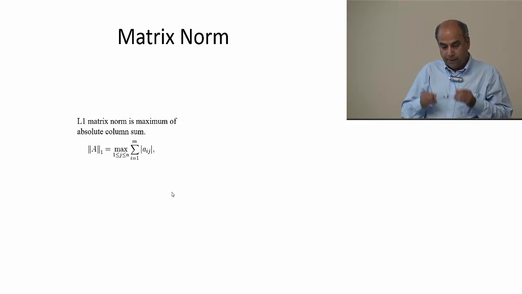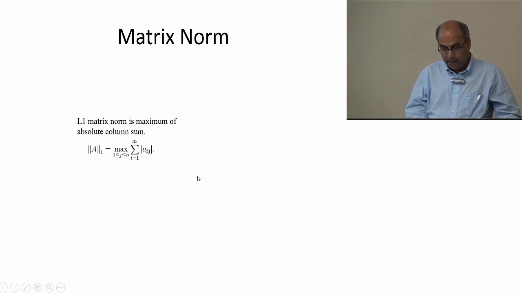So the L1 norm is obtained by taking a particular element in a column, taking the absolute value, summing them up, and we get one value for a column.